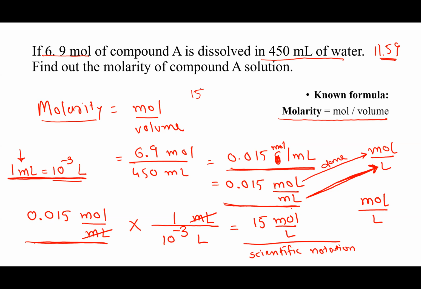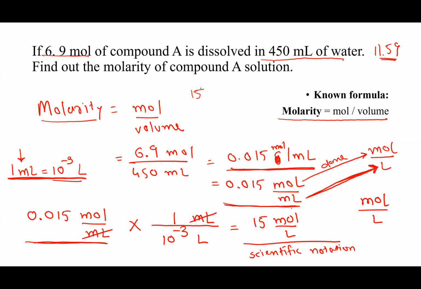If I ask you to write this as a scientific notation, do you know how to write it? Would it be 15 times 10 to the 1 power? I think it would be 1.5 times 10 to the first power. Yes, 1.5 is the right answer.